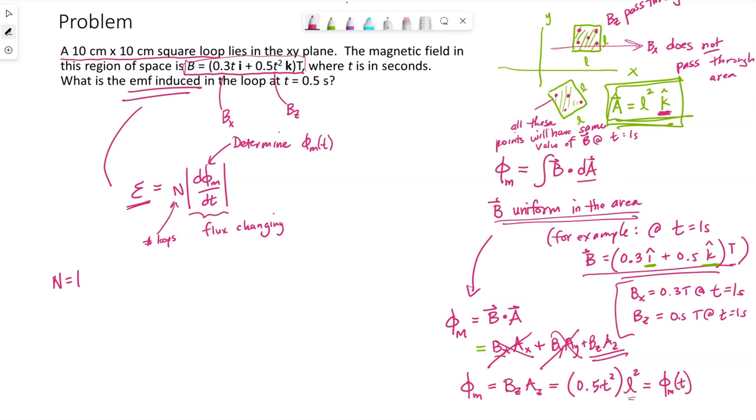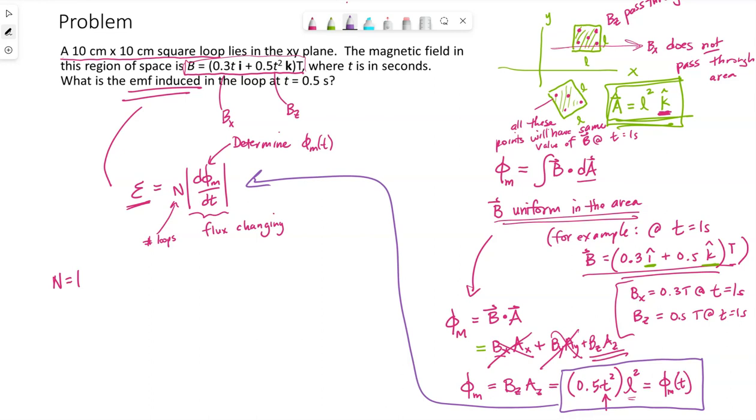Our loop stays as a 10 centimeter by 10 centimeter square loop. But the time is going to be changing. This magnetic field is getting stronger and stronger as time goes on. So it is this equation for our magnetic flux that we need to come back and plug into Faraday's law to find the voltage.